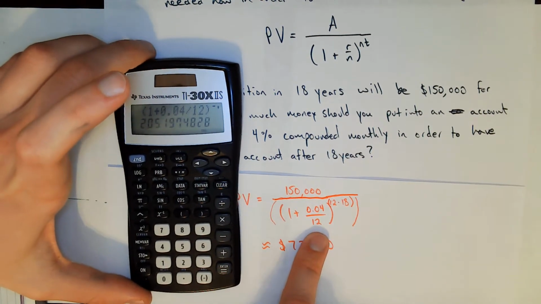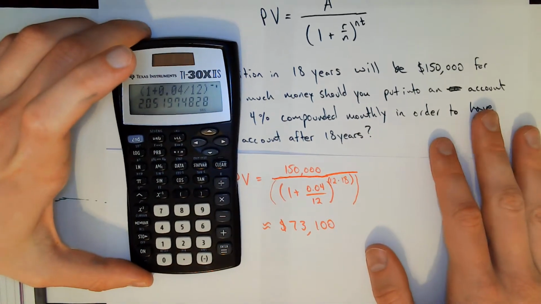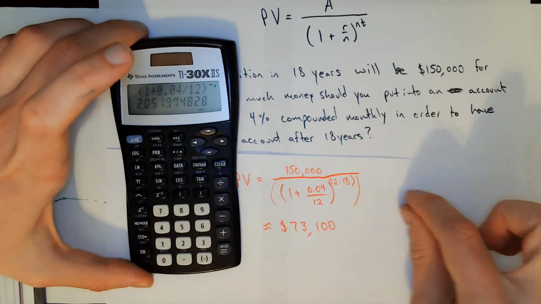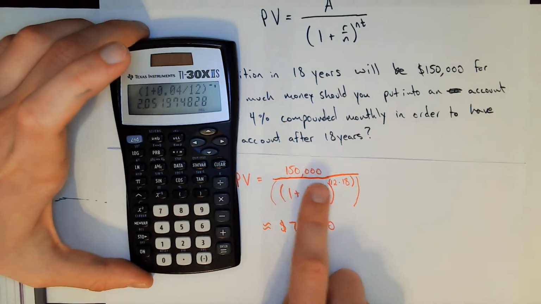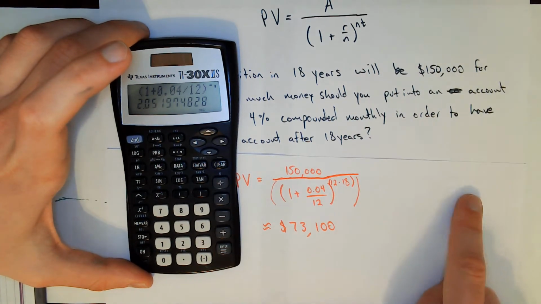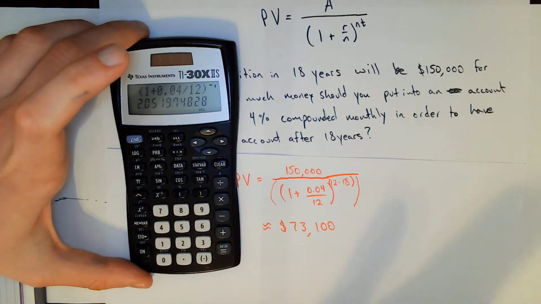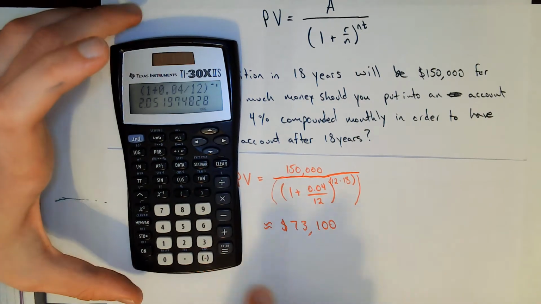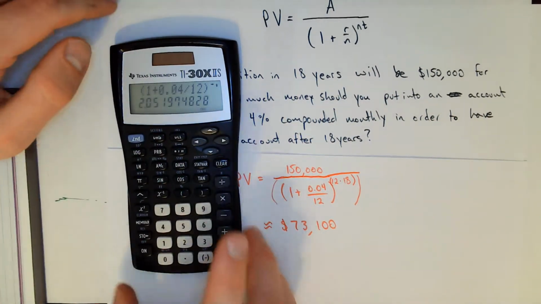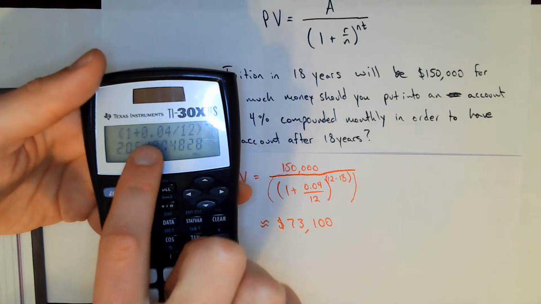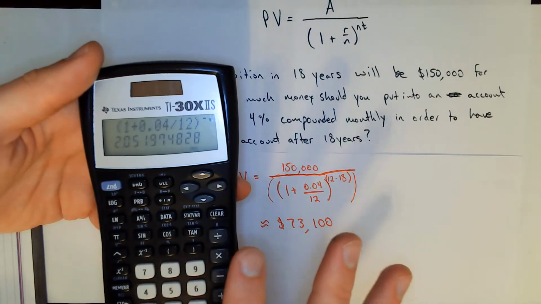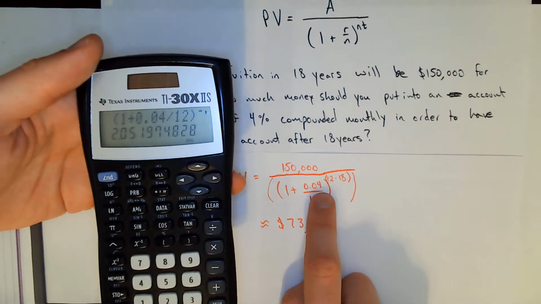Now, you may have before thought, okay, I'll just write this down and save a bunch of the digits and then erase it and then type 150,000 divided by and then just write that number back in. But there's a more efficient way to be able to save all of the digits. What you want to do is invert this number, because right now you've got it as like a numerator, but you want to put it in the denominator.